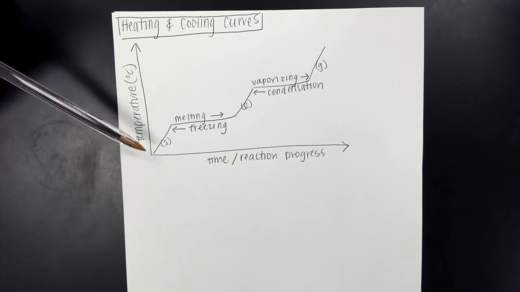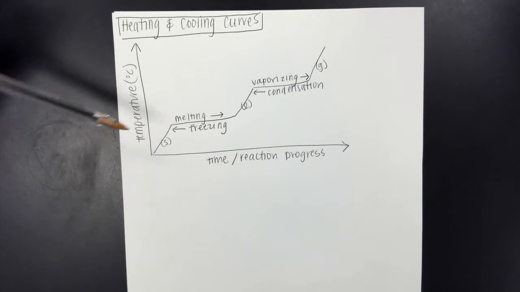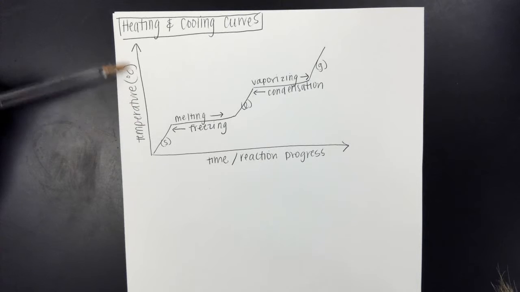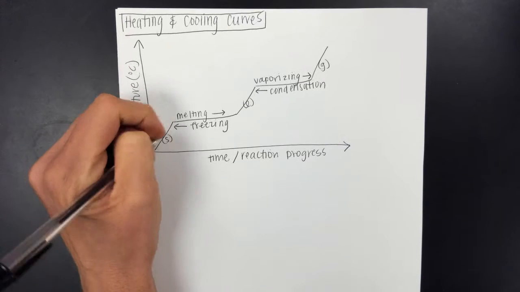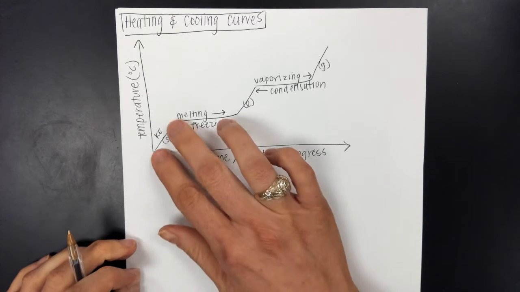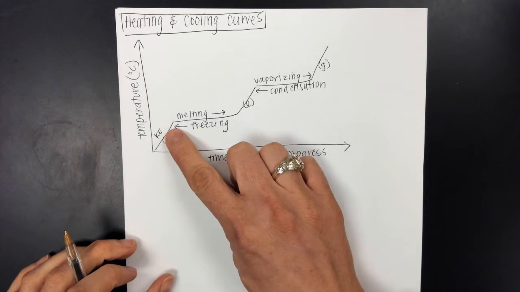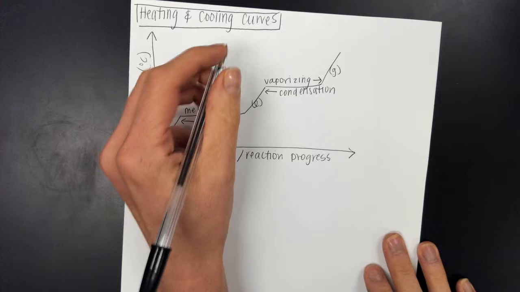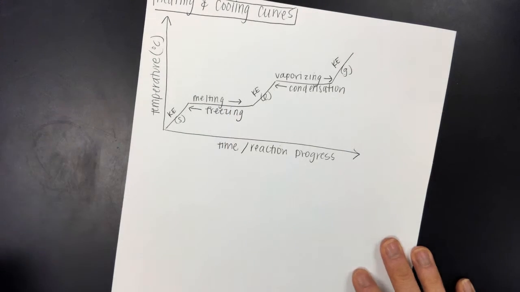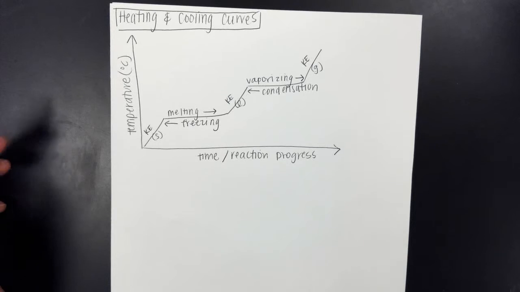As you are increasing right here, you see how your temperature is increasing, and temperature is a measure of the average kinetic energy. So we can assume that on this section, this is an increase in kinetic energy. Anywhere you see an increase in temperature, that is measuring an increase in average kinetic energy.